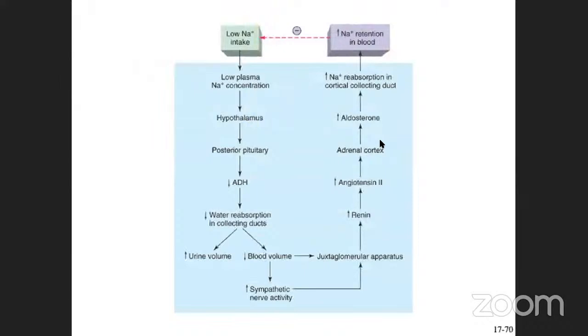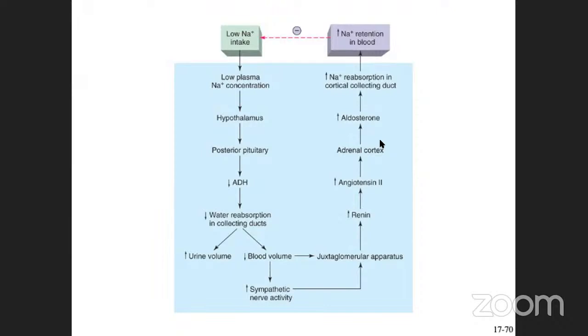This is an example to illustrate the sodium intake. If you have a low sodium intake, that leads to a low plasma concentration in the blood, and this can be detected by the hypothalamus that triggers the posterior pituitary to reduce the secretion of antidiuretic hormone. Decreased ADH level leads to decreased water reabsorption in the collecting ducts, hence more urine will be produced, but then the blood volume will become low.